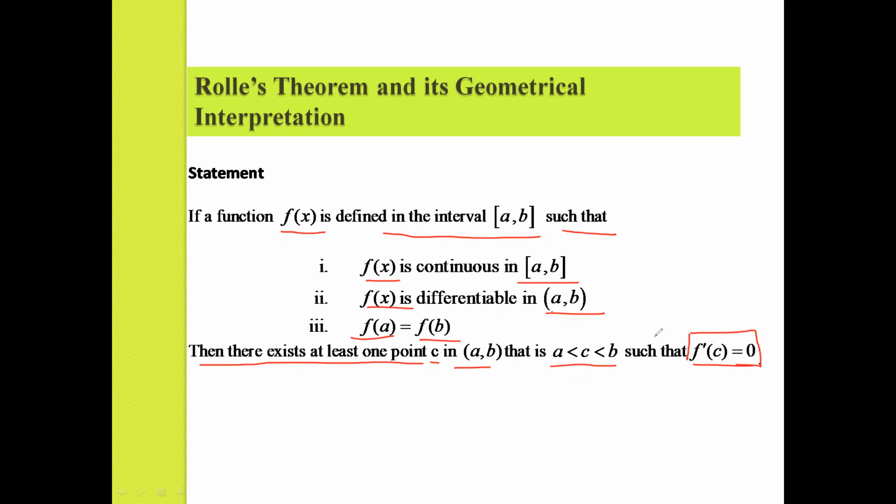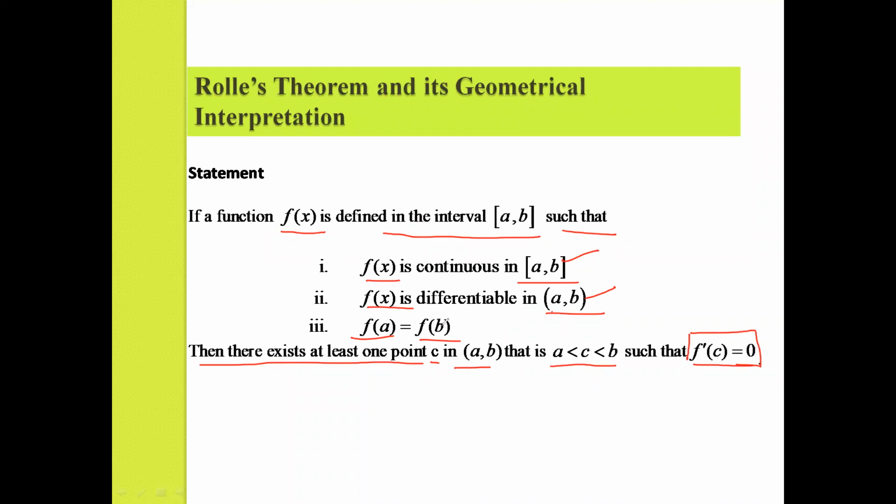In the 12th standard or 11th standard, everyone might have done the continuity part and the differentiability part. To state Rolle's theorem, the function should be continuous over the closed interval, differentiable over the open interval, and f of a equal to f of b. What exactly is the meaning of continuity, of differentiability, and of f of a equal to f of b in a geometrical way?